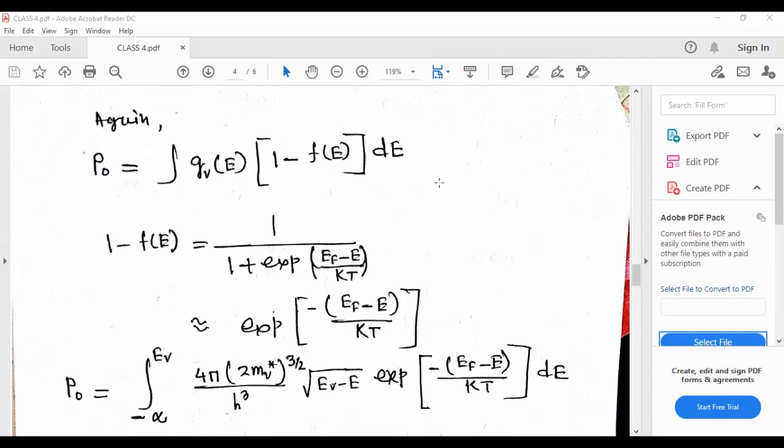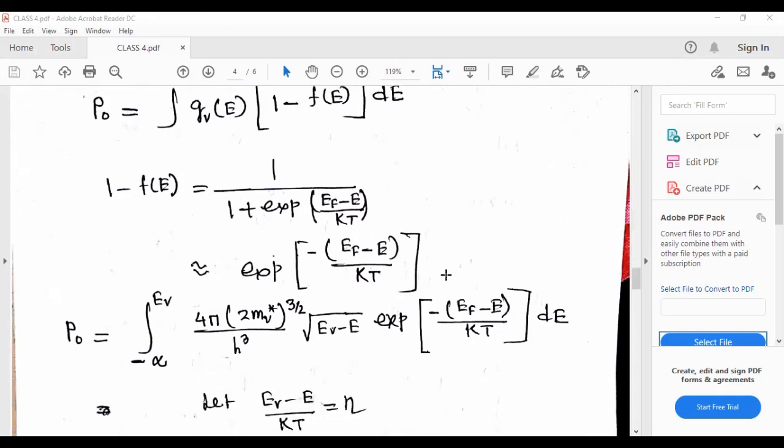So 1 minus Fe means 1 upon 1 plus exponential of (EF minus E) upon kT. Not E minus EF, but EF minus E upon kT. You can check why I have written it that way. And if you go for the Maxwell-Boltzmann approximation, here we'll have exponential of minus (EF minus E) upon kT.